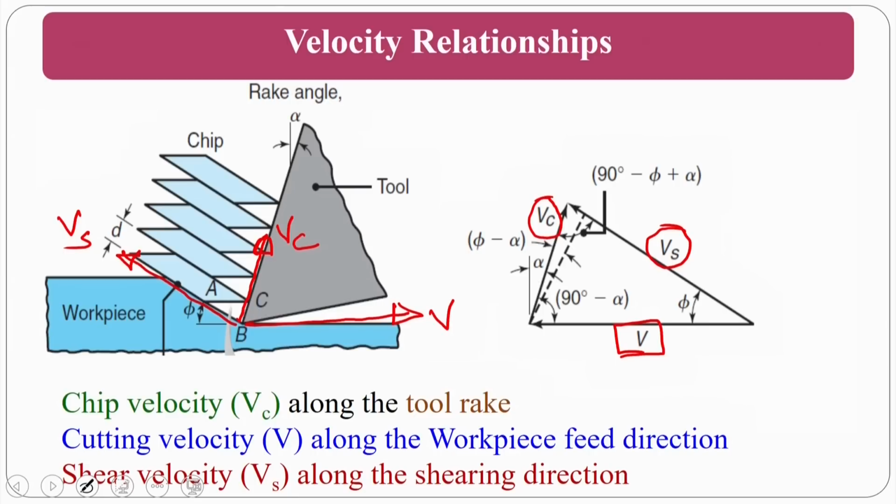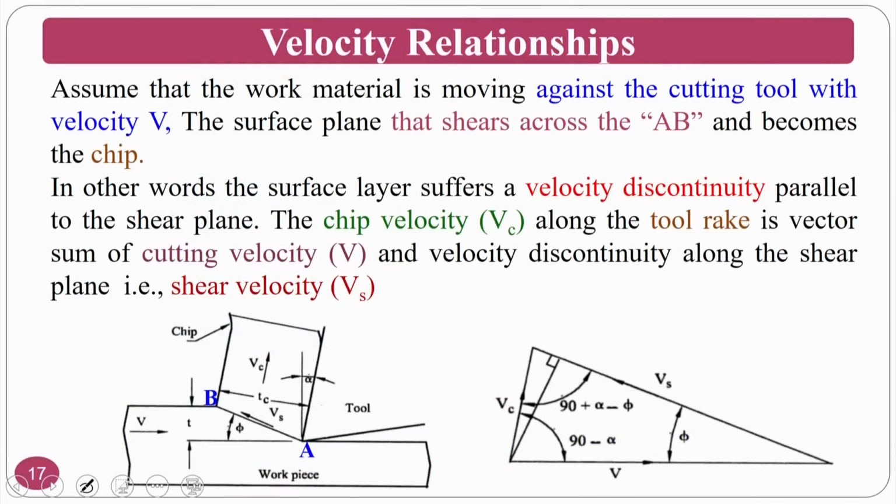So shear velocity with respect to cutting velocity will have angle phi, this is known. The rest of the things we will see in the next slide. Assume that the work material is moving against the cutting tool with velocity V, that is the cutting velocity. The surface plane that shears is AB.